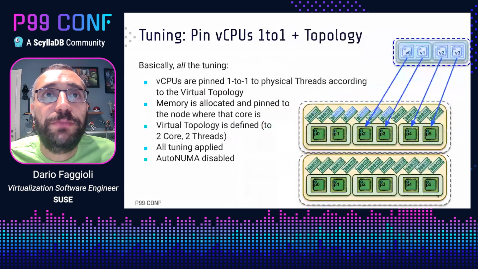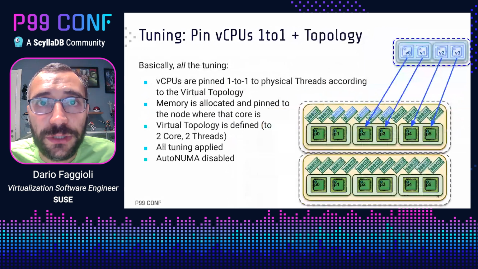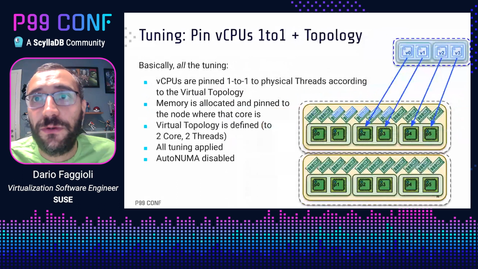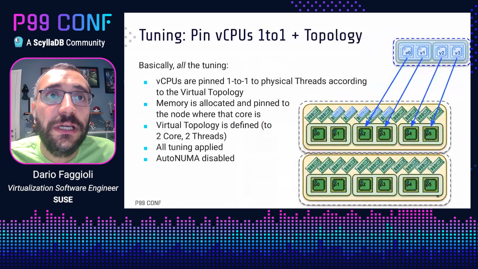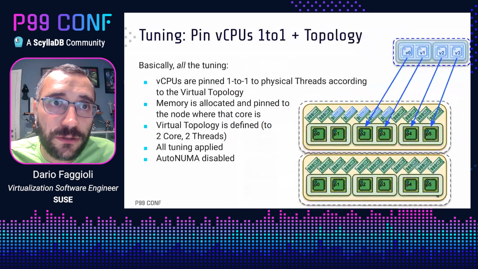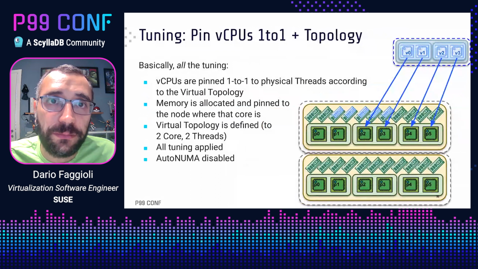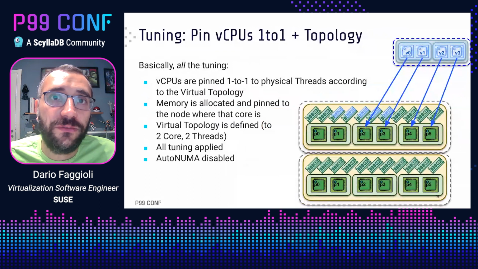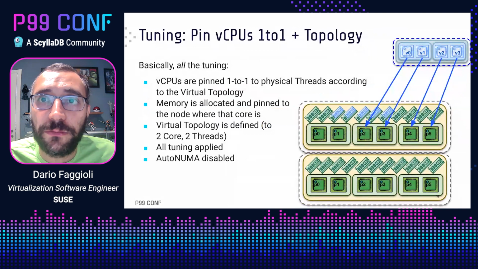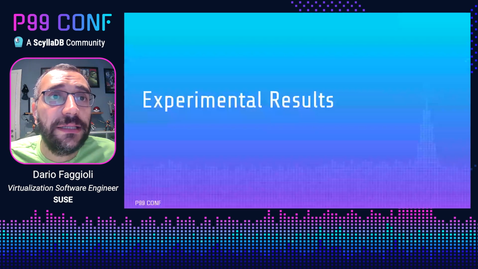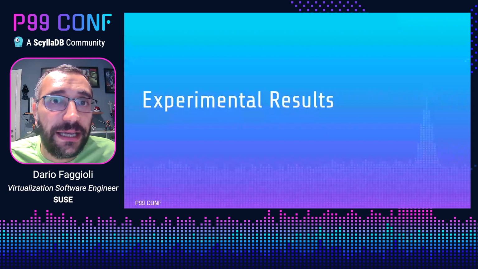And then there is pin vCPUs one-to-one plus topology, where not only vCPUs were pinned one-to-one to host CPUs, and memory was pinned to the respective node, but a virtual topology for the VM was also defined. This is the configuration with the most tuning applied. So it's kind of the one that we would assume will perform best pretty much under all circumstances, isn't it? Well, let's see if that is really the case.